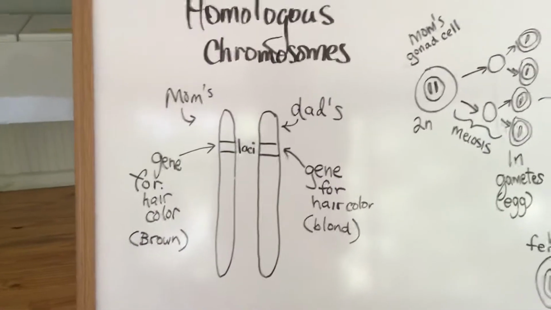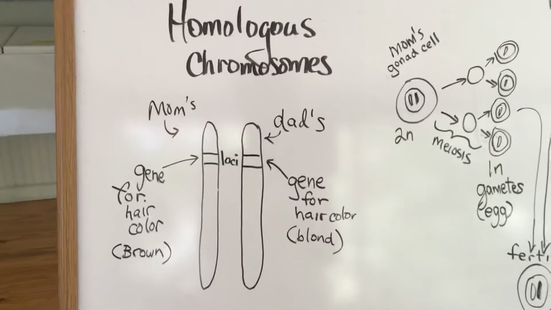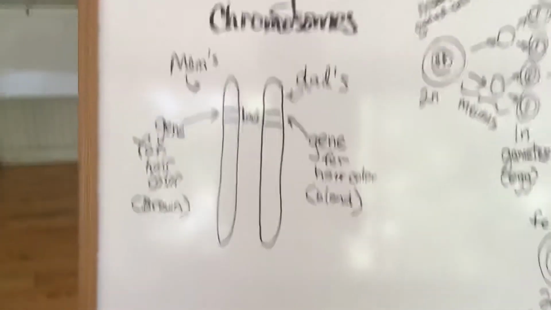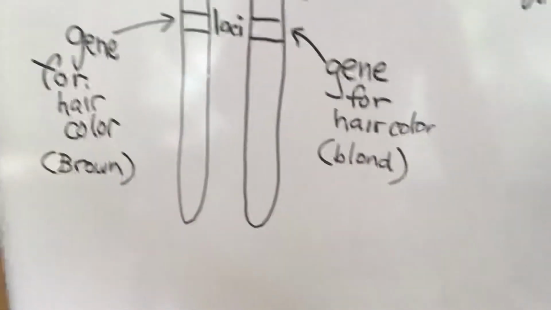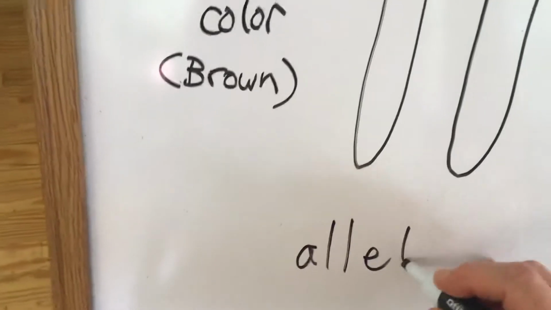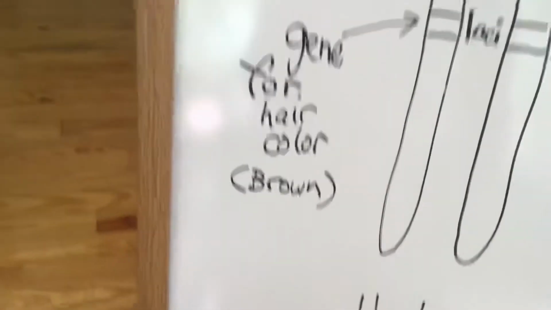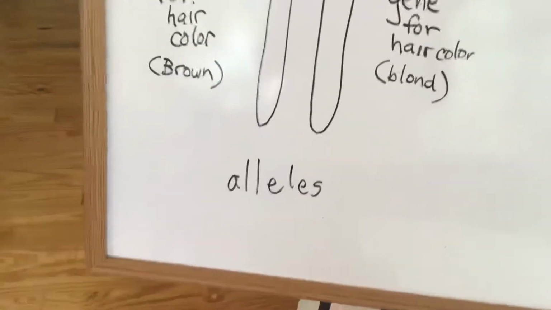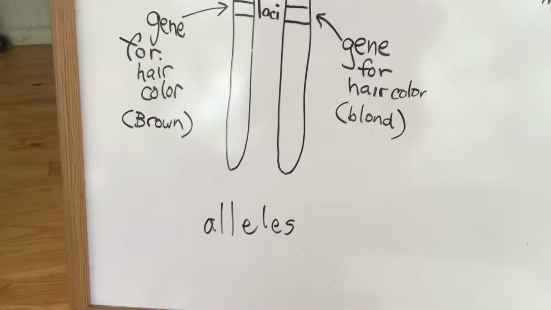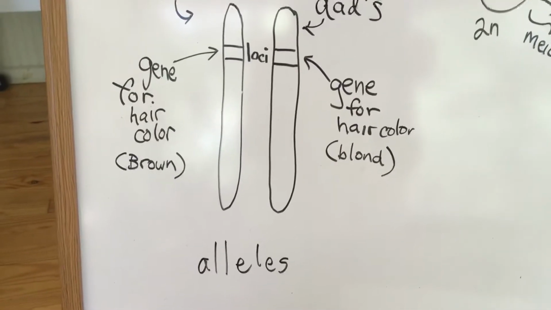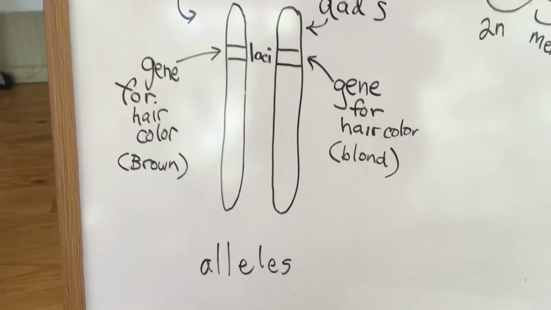Another thing to know is that these genes have a name, and they are called alleles. Alleles, I will write it for you right here: A-L-L-E-L-E-S. On a homologous pair of chromosomes, the pair can have one allele. In other words, both of the genes could have the same hair color.